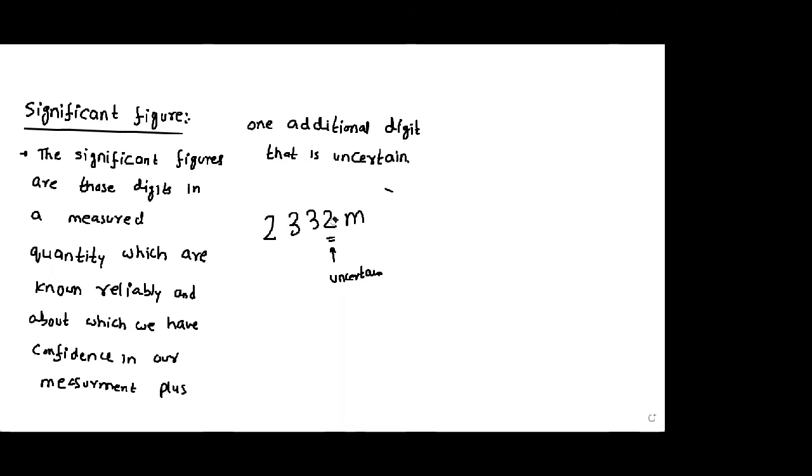One additional digit that is uncertain. That is significant figure. The significant figure basically tells you the number of digits. It gives you an idea about the accuracy and the precision of your measurement. That's significant figure. So for calculating significant figures, we have certain rules.